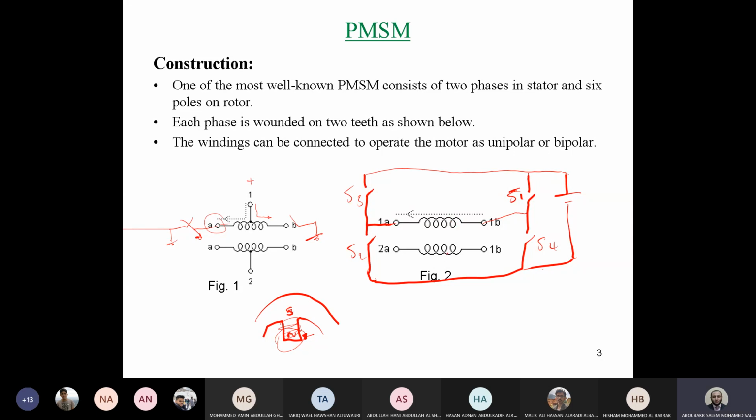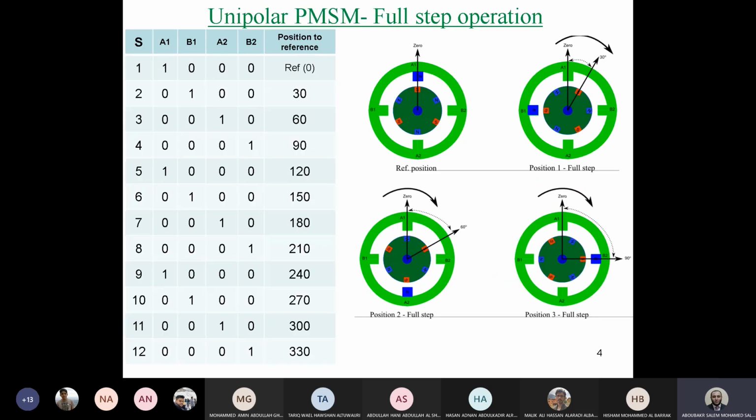Because here you have 2 coils, so you have 8 switches. But here you have 2 coils with only 4 switches. So twice the power electronic circuit components. So this is the construction of unipolar and bipolar stepper motor. And if this is not very clear, you will see it inshallah in the example.